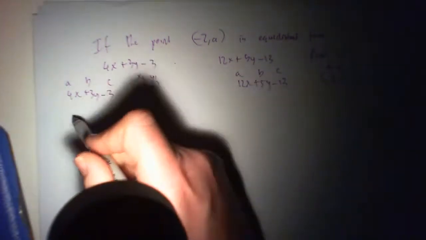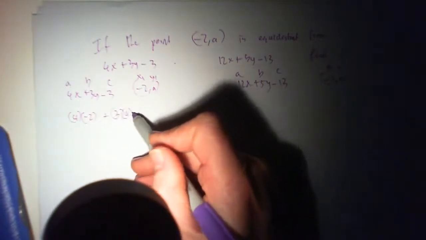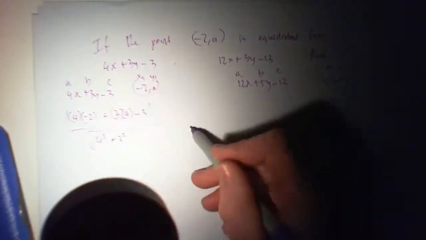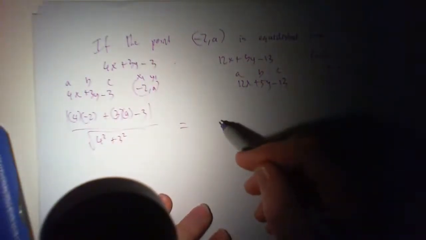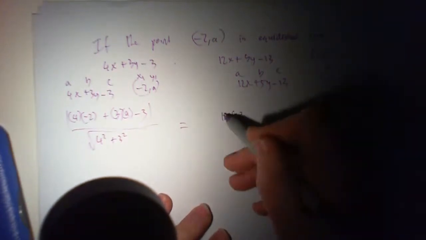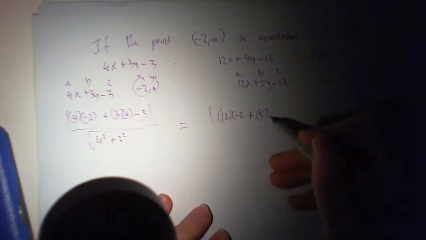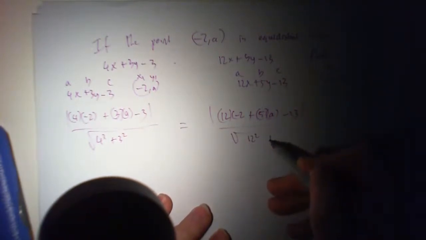A times x1 plus B times y1 plus C over the square root of A squared plus B squared is going to be equal to, that distance has to be equal to this one, okay? 12 times minus 2, plus 5 times A minus 13 over the square root of A squared plus B squared.